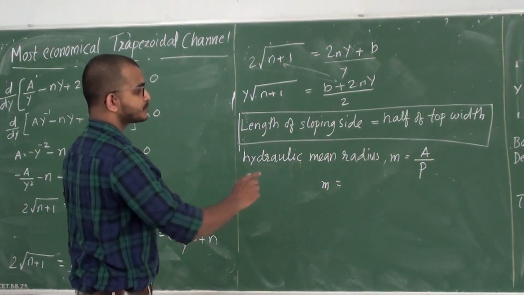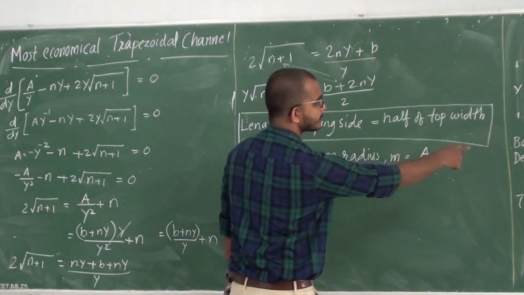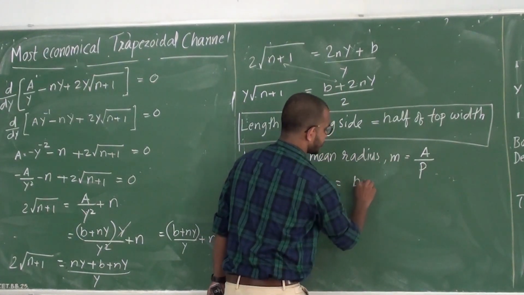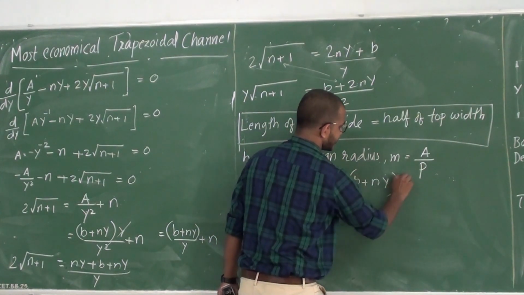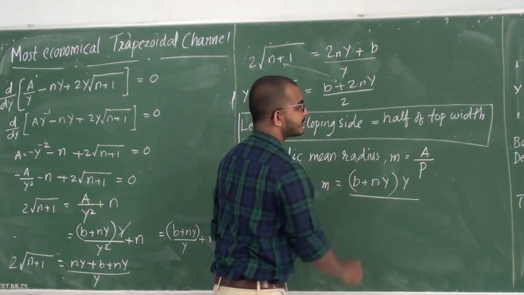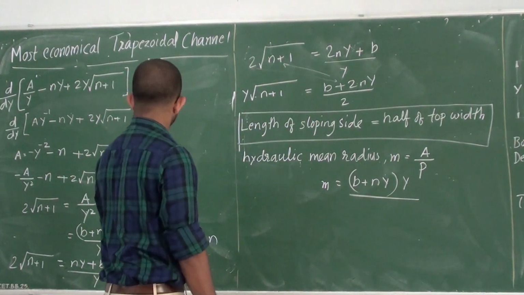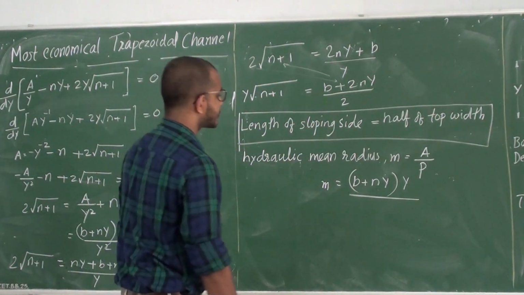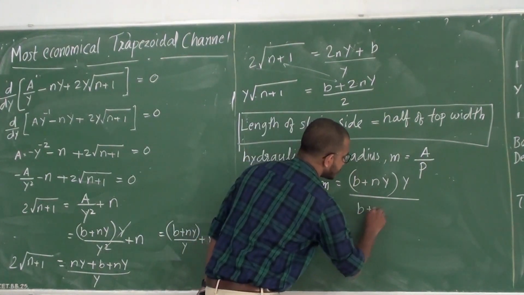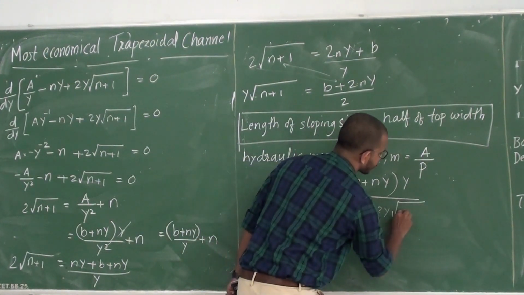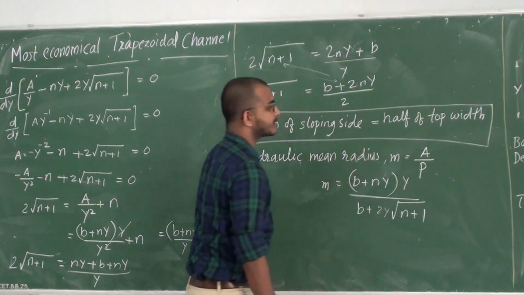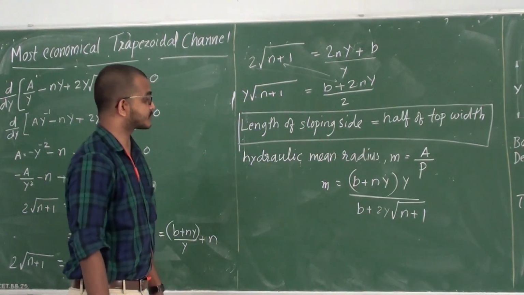Area is equal to (b plus ny) into y, and the perimeter p is equal to b plus 2y into square root of n squared plus 1.